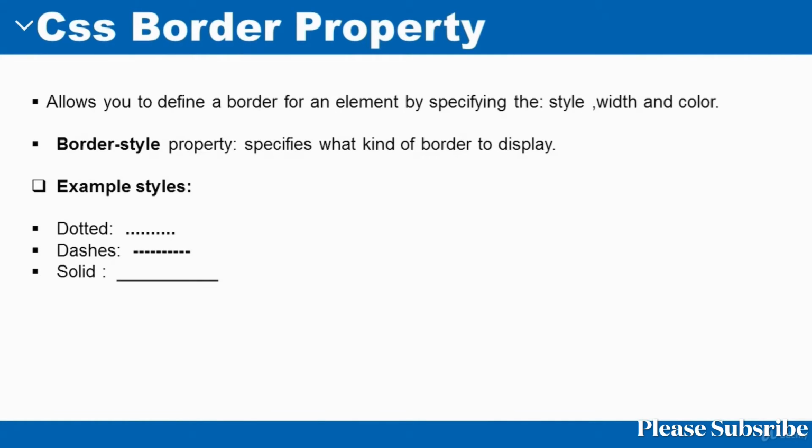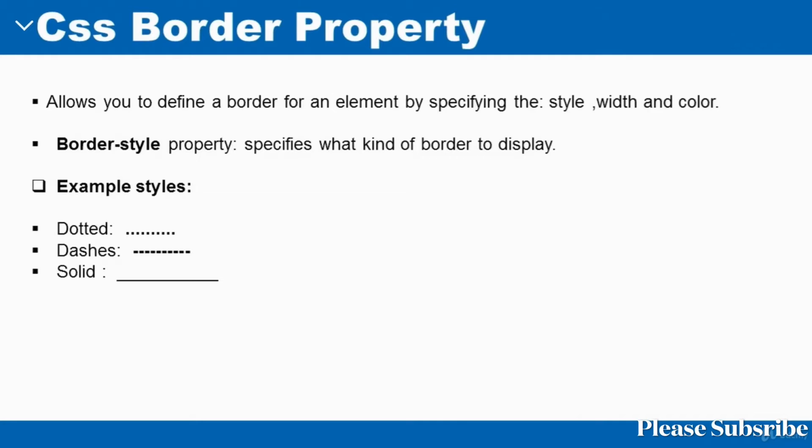There are a lot more, but these are just some basic examples of the different styles of borders. A border has 4 sides, so you can apply the border styles to different sides of the border, or you can just apply one style to all the 4 sides of the border.